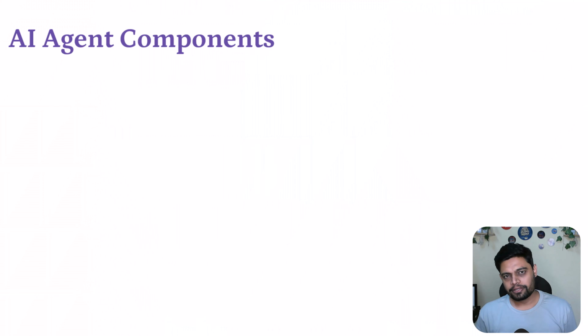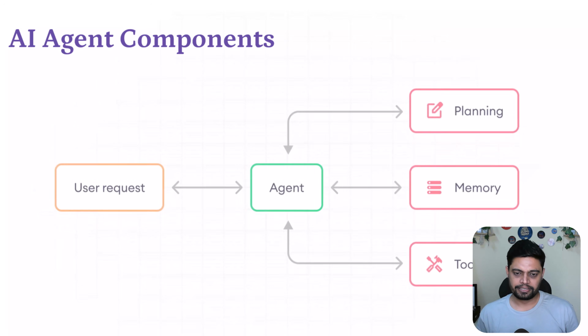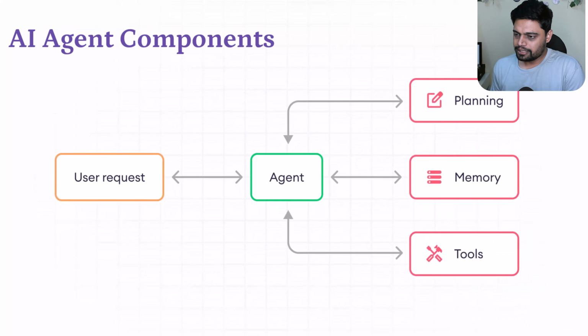Before talking about AI agents within the Automation Anywhere platform, let's understand the basic components of an AI agent. What you see in the diagram here is a user request, the user talking to an agent, and the agent responding to user queries. The agent has access to different tools, memory and planning. The agent has an LLM embedded.